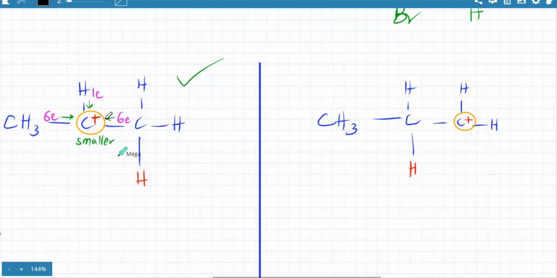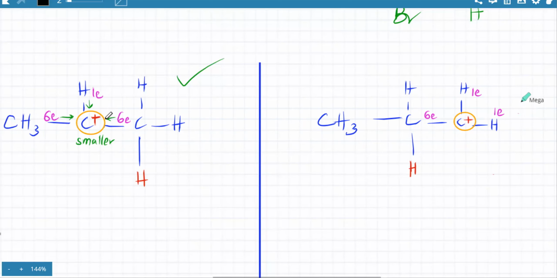So what about this other one? Let's focus on this other one. How many electrons is this surrounded by? There are six electrons over here, and there's one electron over here, and there's one electron over here.